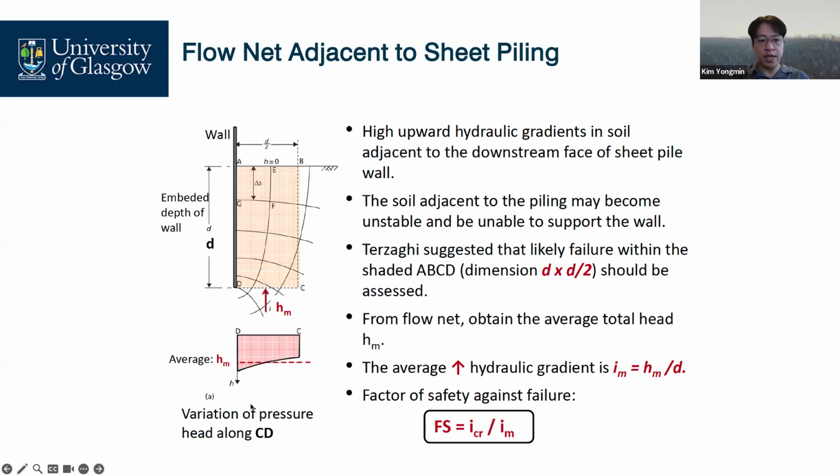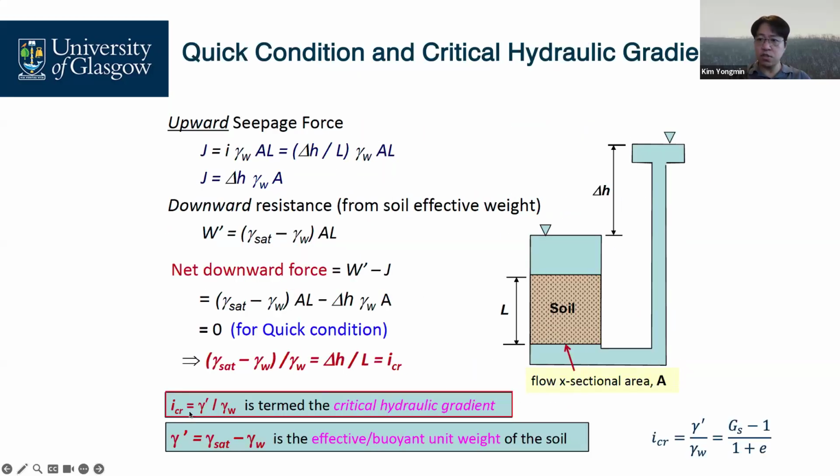This is the pressure head, and then you get the average pressure head, and then you get the hydraulic gradient, average head divided by travel length, D. This hydraulic gradient should be lower than the critical hydraulic gradient. How do we get the critical hydraulic gradient? The critical hydraulic gradient is simply submerged unit weight over water unit weight.